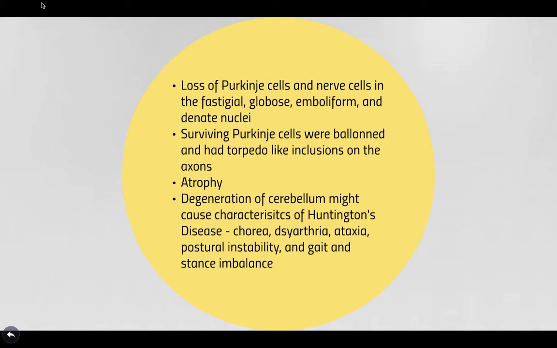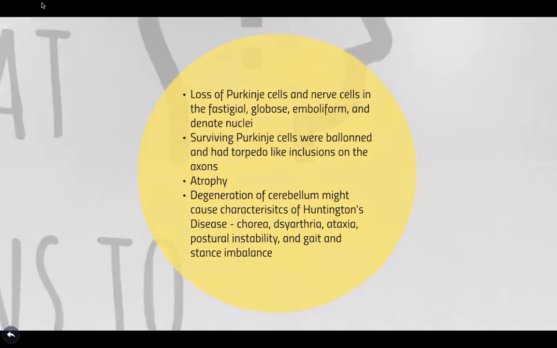The surviving Purkinje cells are typically ballooned, and they have torpedo-like inclusions on their axons. The cerebellum itself can experience atrophy, and the degeneration of the cerebellum might lead to symptoms of Huntington's disease like chorea, dysarthria, ataxia, postural instability, and gait and stance imbalance.